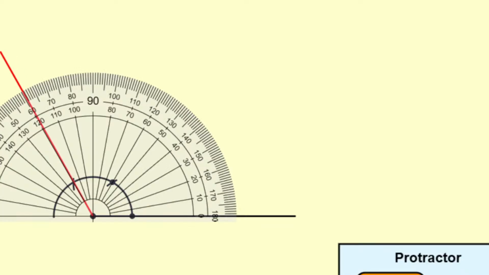That's why the line should pass through the exact point of intersection of these two arcs. So you can see exactly 120 degree I have got. So this is an angle of 120 degree.